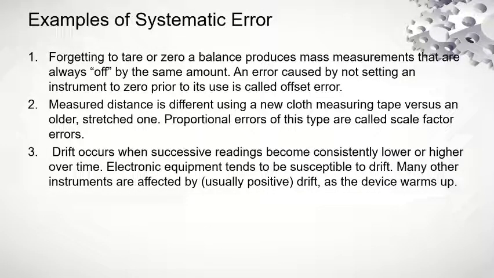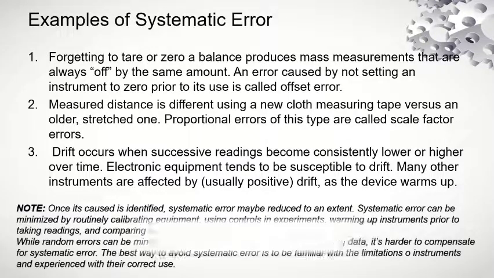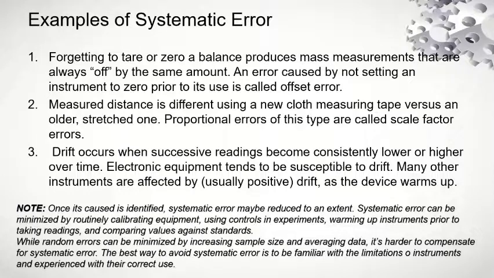Drift occurs when successive readings become consistently lower or higher over time. Electronic equipment tends to be susceptible to drift. Many other instruments are usually affected by positive drift as the device warms up. Once its cause is identified, systematic error may be reduced to an extent.